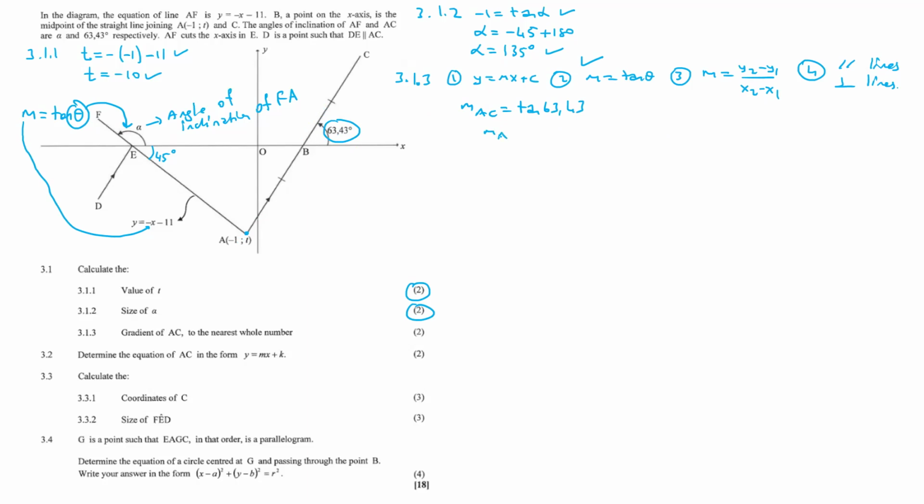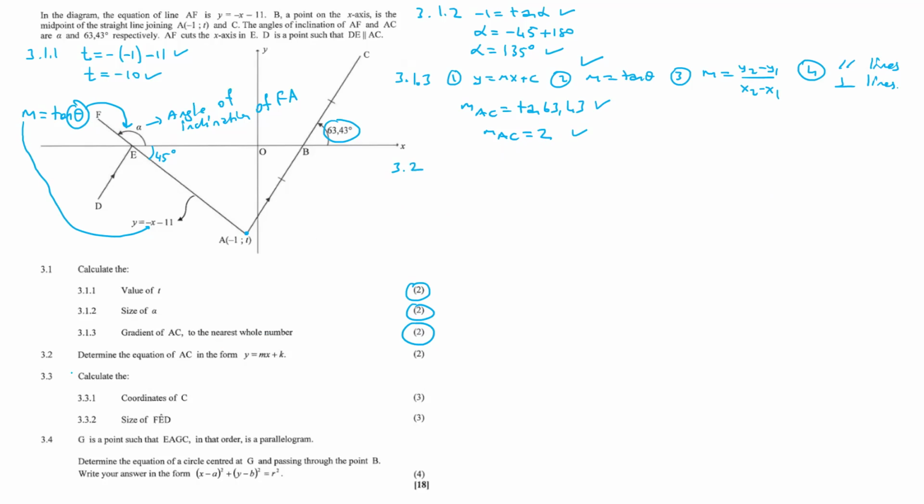If you use a calculator, just tan 63.43 will give you 1.999, so it's going to be 2. So the nearest whole number means we get 2. Again, it's 2 marks. 1 mark for substituting in the formula, 1 mark for the answer.